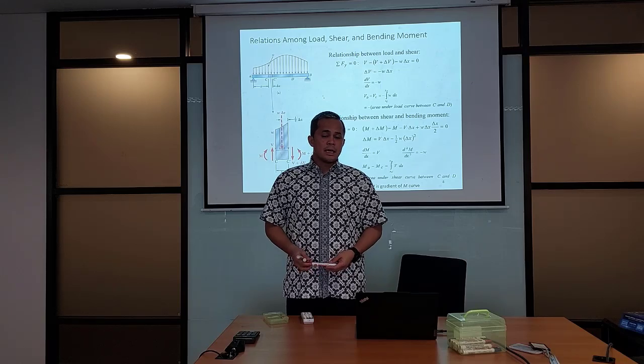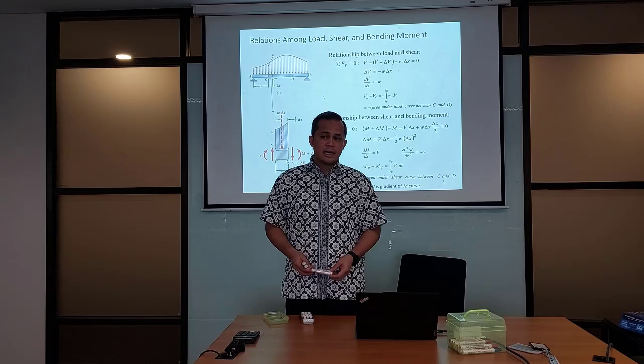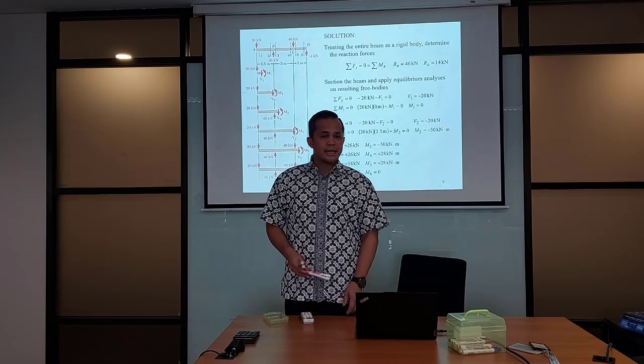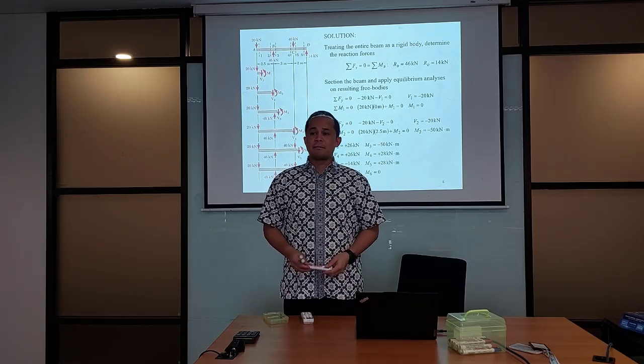Now, in our previous meeting, I demonstrated how you derive the SFD and BMD by performing the section method, one by one. We do it before and after the applied load.